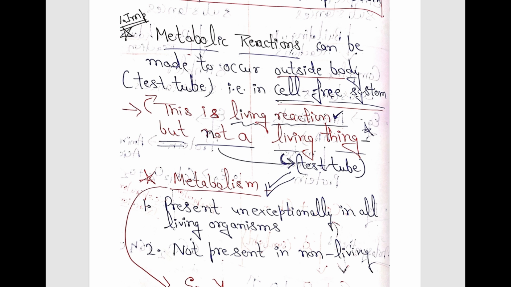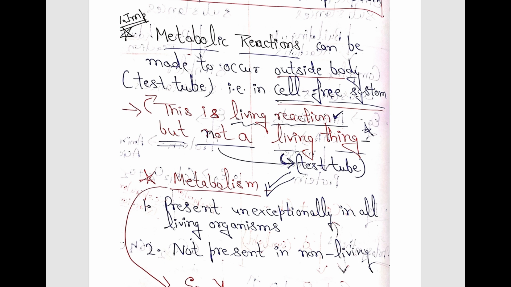The isolated in vitro metabolic reaction can, however, be called a biological reaction or living reaction, as it involves biochemicals. The isolated reactions cannot be regarded as living things, but they are definitely living reactions because they are similar to the reactions performed in our body.